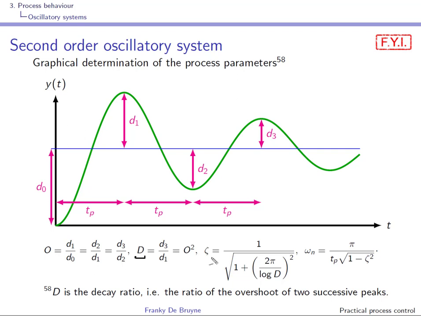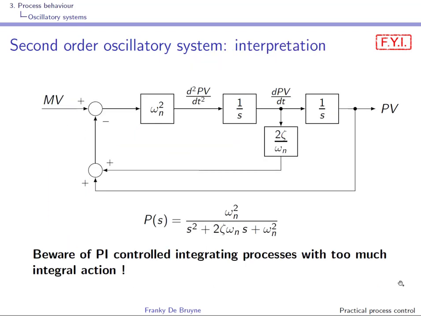This allows you to obtain the damping ratio zeta using this formula, and then by measuring the peak time, so this is the time from the start of the step to the first peak value, right? Well, you can use this peak value to compute the natural frequency as you have just obtained using this formula here, the damping factor.